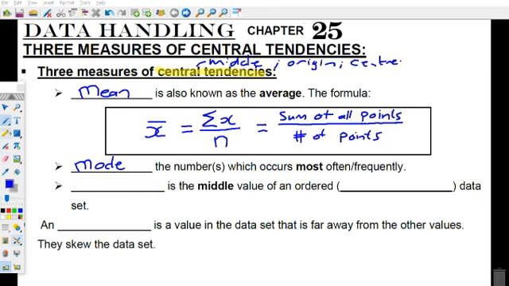Now the next word is called your median. The median is the middle value of an ordered data set. When we say that, we have to arrange it in ascending order, which means it must be from lowest to highest to find the median.